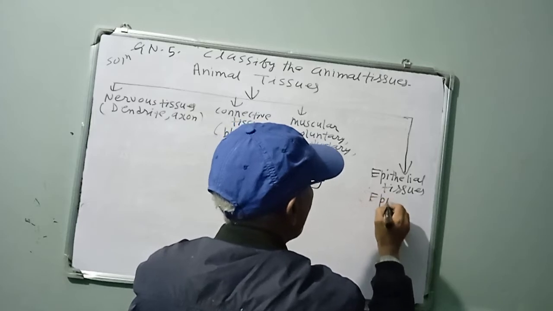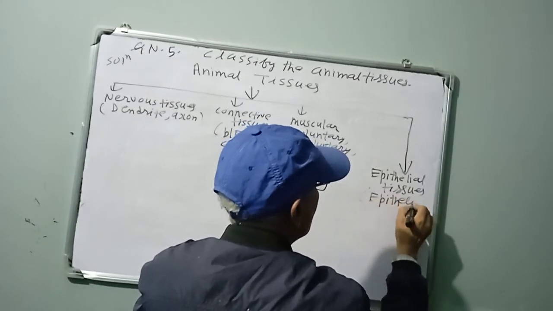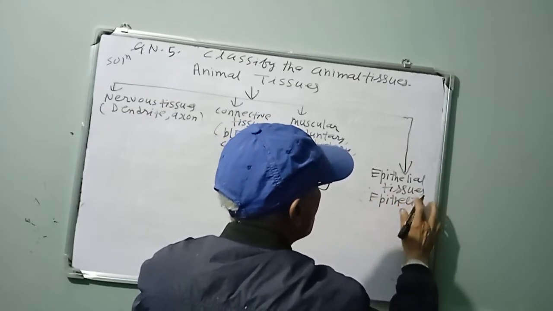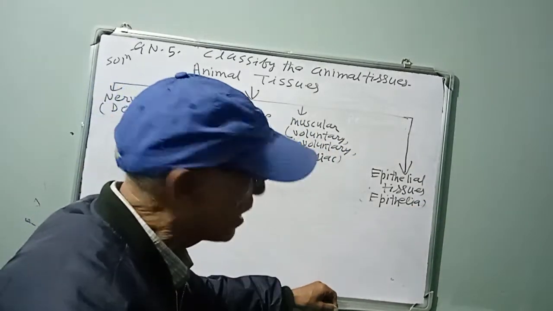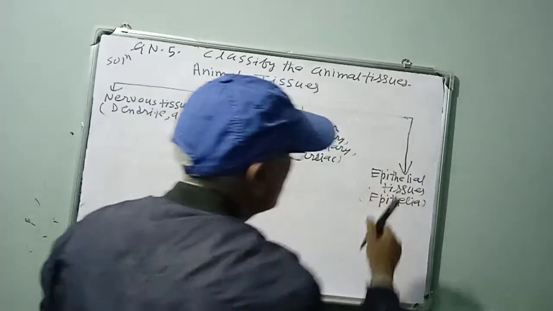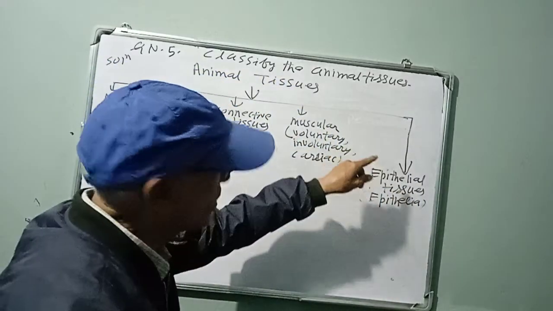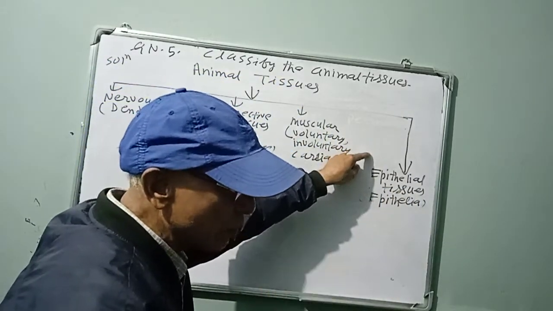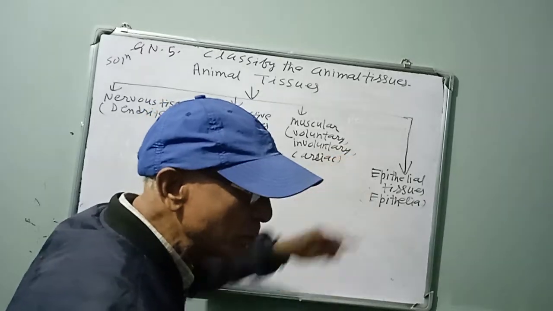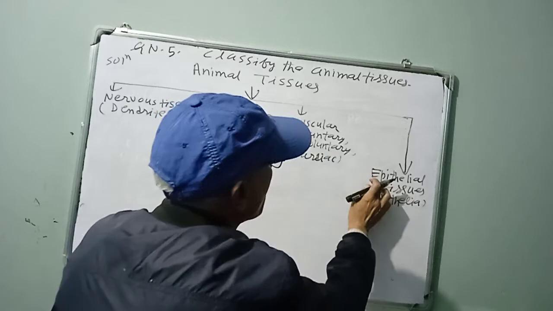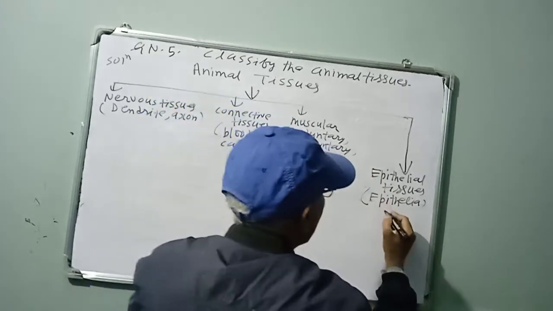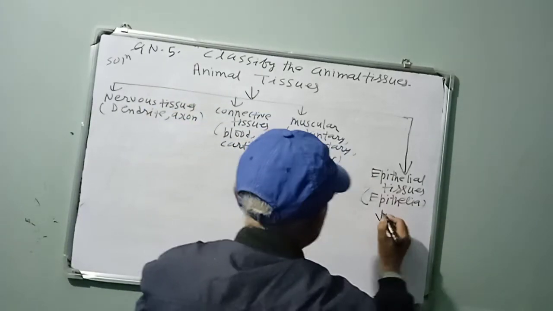Simple word, one word, epitheliums or epithelia. Epithelium singular, epithelia plural, or epithelial tissues. Just by the name epithelium, just like ecto, endo, meso, mesoderm, epi means the outer part. It is also of different types.